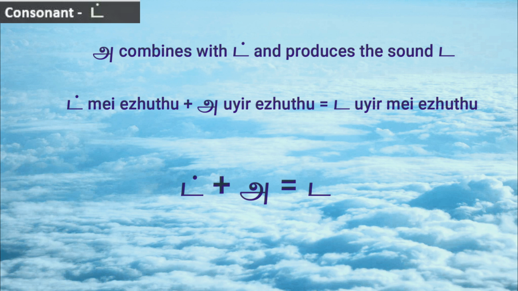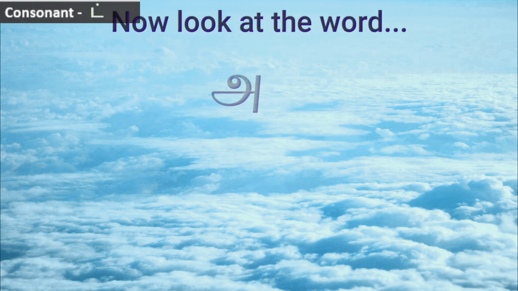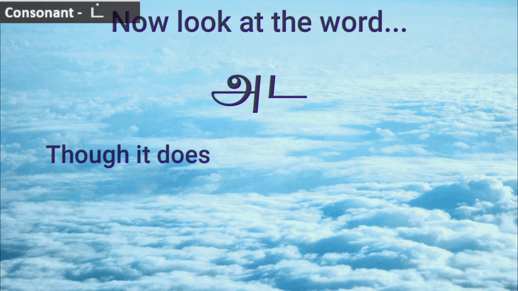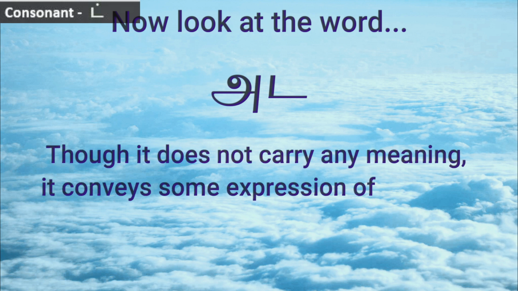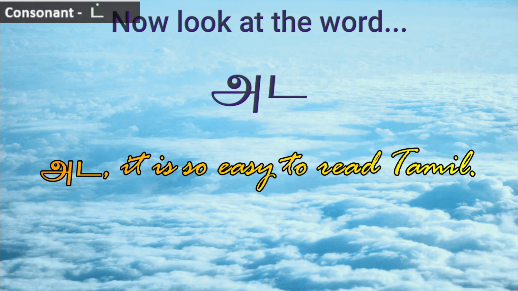It plus a is ta. Now look at the word ada. Though it doesn't carry any meaning, it conveys some expression of feeling. Ada, ada, it is so easy to read Tamil.